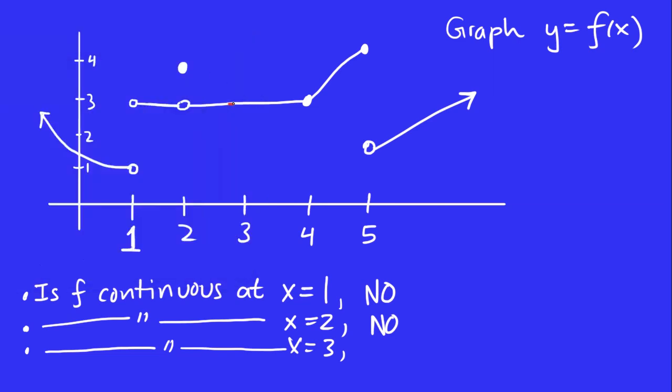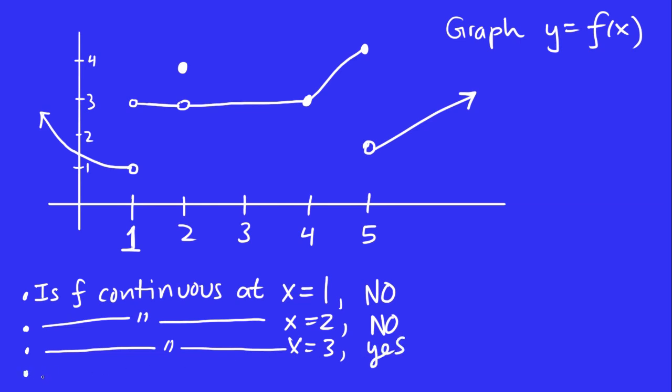Before 3, I'm here, I'm at 3, and then I'm after 3 now. I did not have to lift my pen from the paper when I traced the graph around 3, right? And that's exactly what it means to be continuous there. Just because there's no solid dot here, like I said, that's irrelevant. So yes, it's continuous at 3.